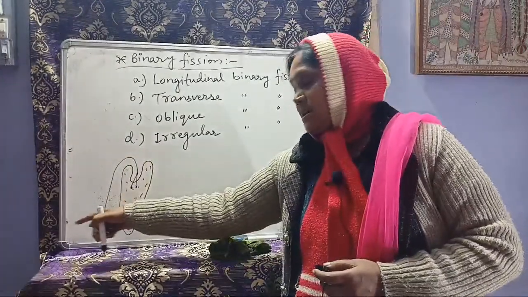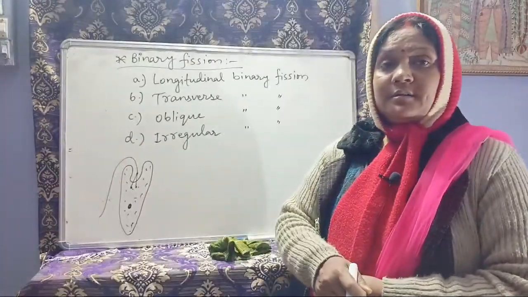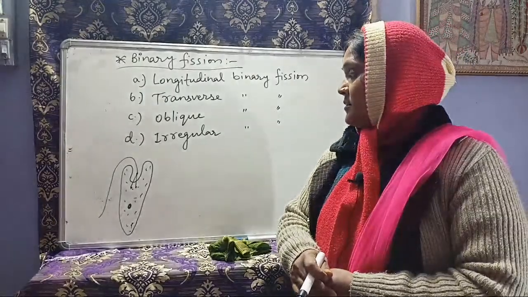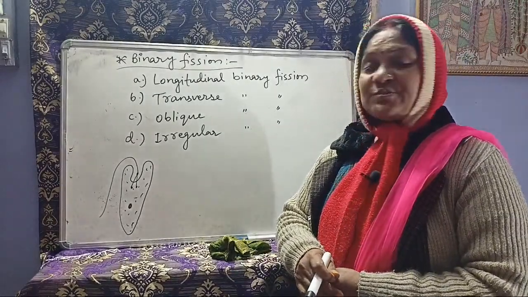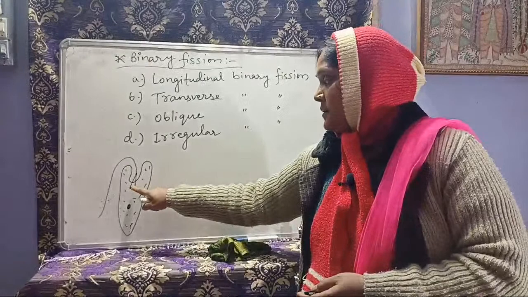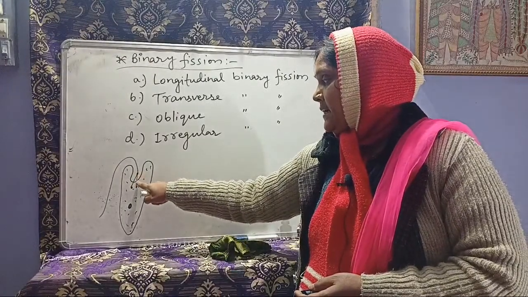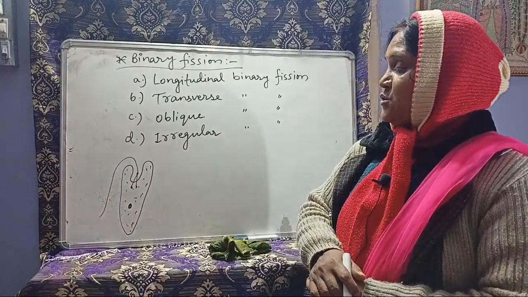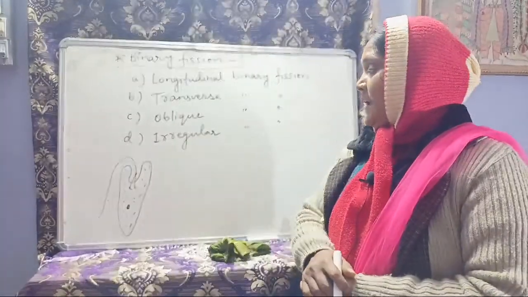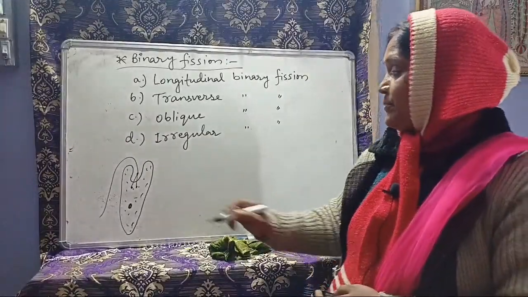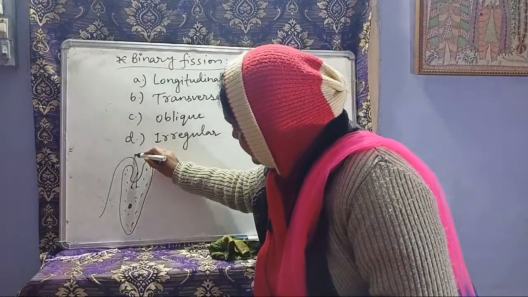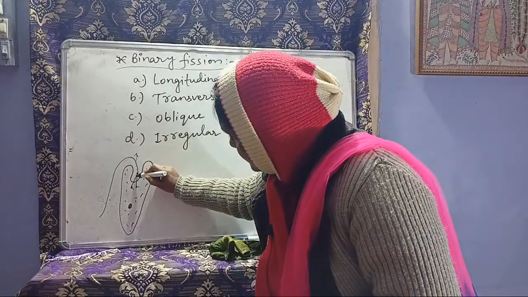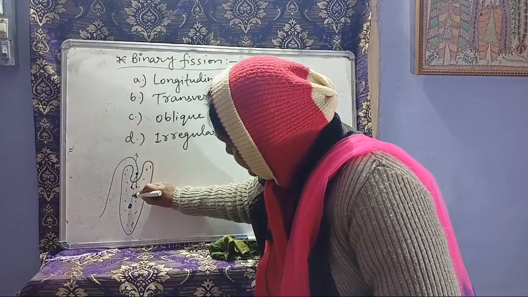A long hair-like structure is a flagellum: a small flagellum and another large, long flagellum. That means two flagella are present in Euglena, and it divides through this axis.